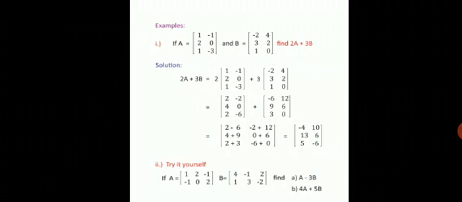That equates to 2 minus 6 is minus 4, minus 2 plus 12 is 10, 4 plus 9 is 13, 0 plus 6 is 6, 2 plus 3 is 5, and minus 6 plus 0 is minus 6. So this is the answer for 2A plus 3B. I hope, students, you understood this. Now can you try it yourself?